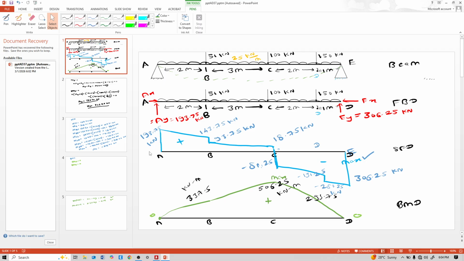And for bending moment, consider the CG of the loads, there the bending moment is maximum. And one more thumb rule: where shear force is 0, there the bending moment is maximum. So this way our numerical completes. Thank you very much.